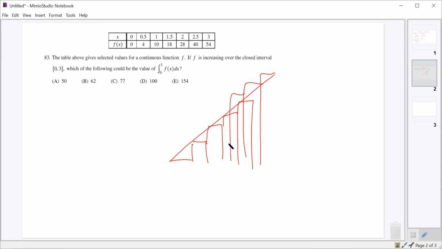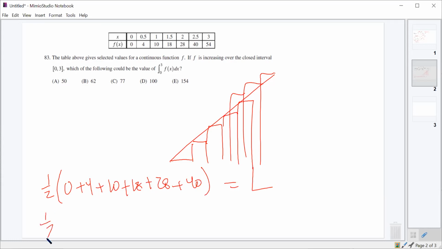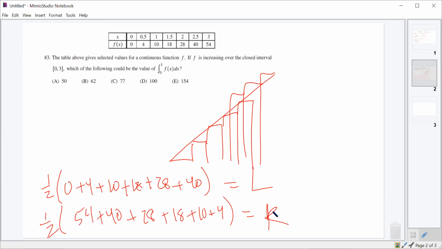So if we did, it'd be a half of 0 plus, they're all going to be a half. So let's just call it half of 0 plus 4 plus 10 plus 18 plus 28 plus 40 is your left Riemann, and a half of 54 plus 40 plus 28 plus 18 plus 10 plus 4 ought to be your right Riemann sum, and it ought to be between those two values for the actual integral.